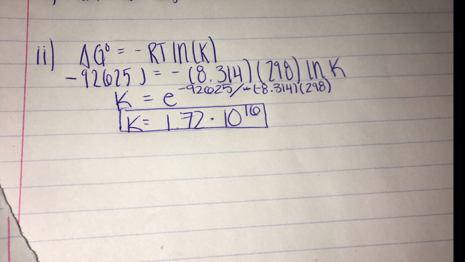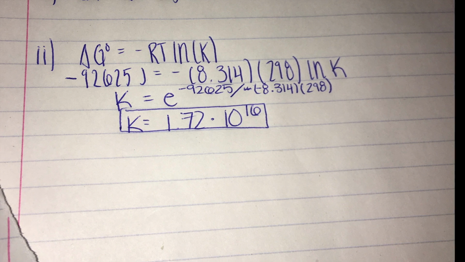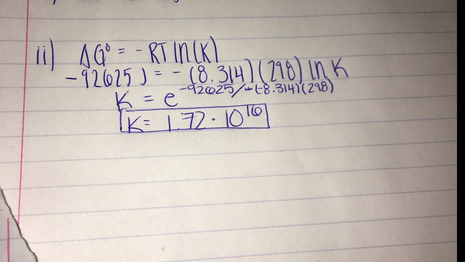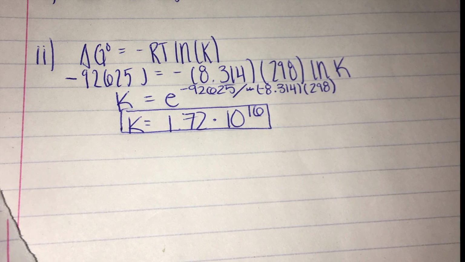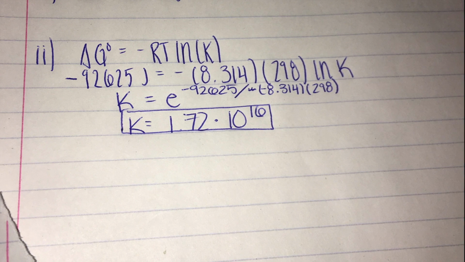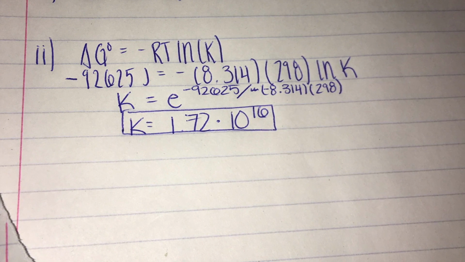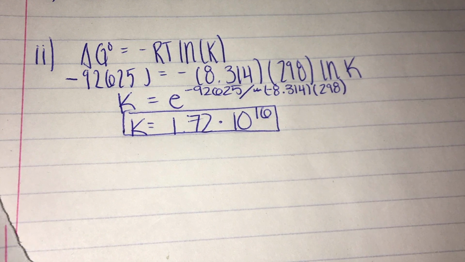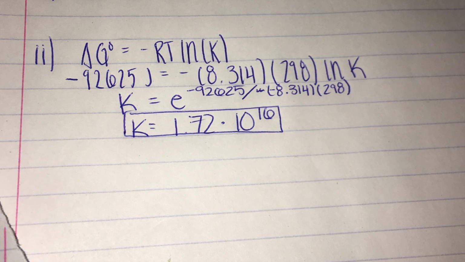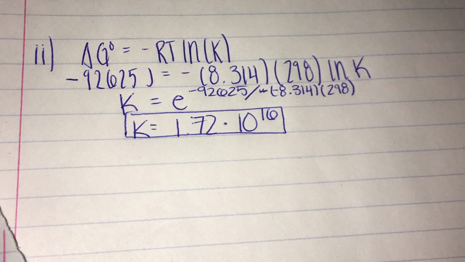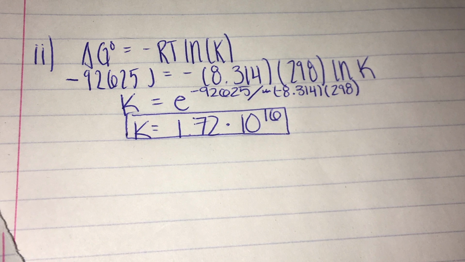Next, we want to determine the value of the equilibrium constant, K, for the reaction at 25 degrees Celsius. We can solve for K using the equation delta G equals negative RT times the natural log of K. R is a gas constant and T is a temperature in Kelvin.